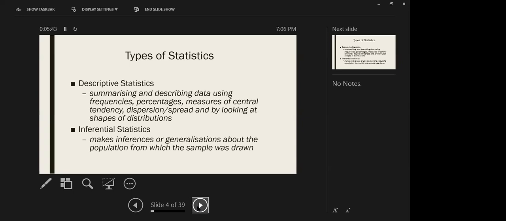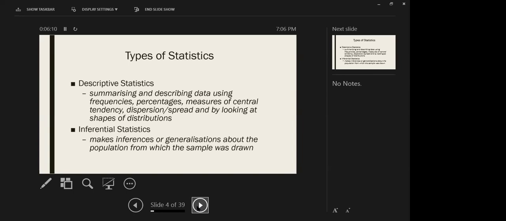So basically, when you're talking about summarizing and describing data, that's your unit 1 and unit 2 from your module, right? Where unit 1 is just giving you an introductory foundation of what they call the frequencies, and then also what they call the Ogive curve. Then unit 2 starts to speak about what we call the measures of central tendency, and then dispersion or spread.